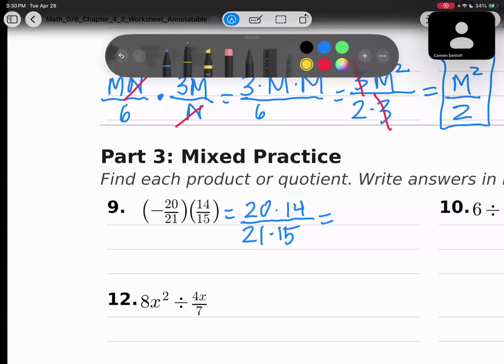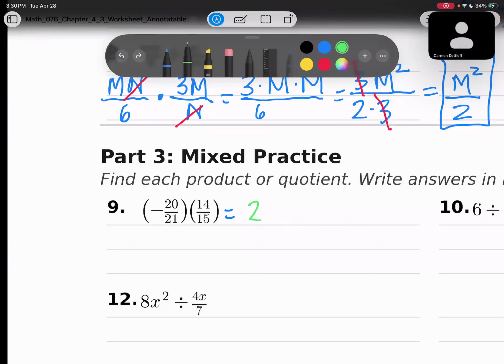Okay, first let's do 20. Okay, I'm going to rewrite this in these colors. So 20 times 14 all over 21 times 15. Okay, so let's look at our factors.